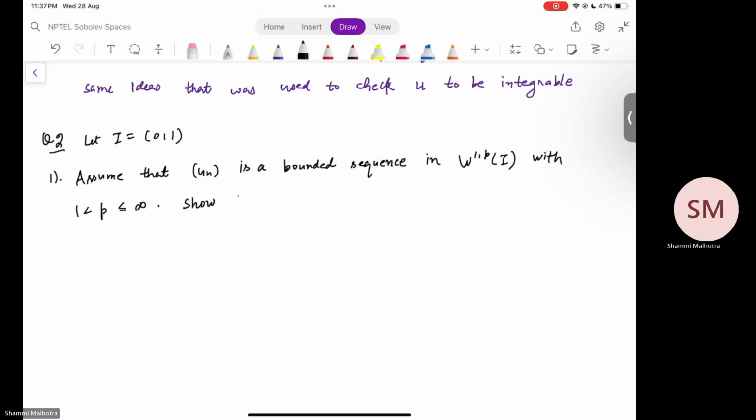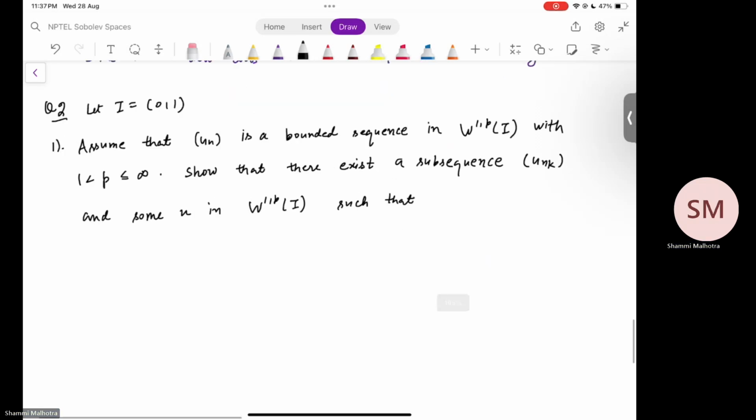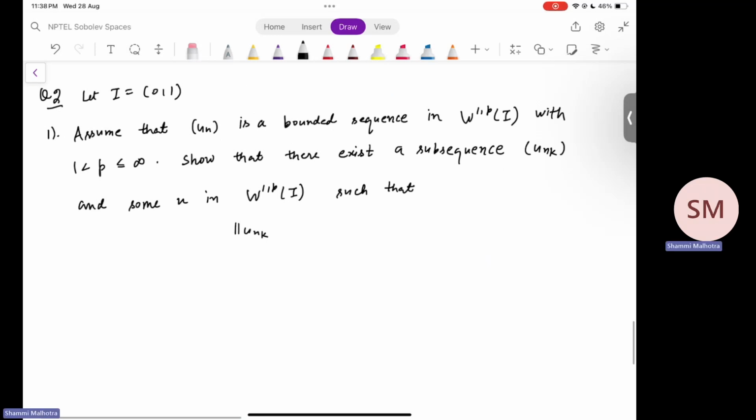Show that there exists a subsequence u_{n_k} and some u in the Sobolev space W^{1,p}(I) such that the infinity norm of u_{n_k} minus u goes to 0.